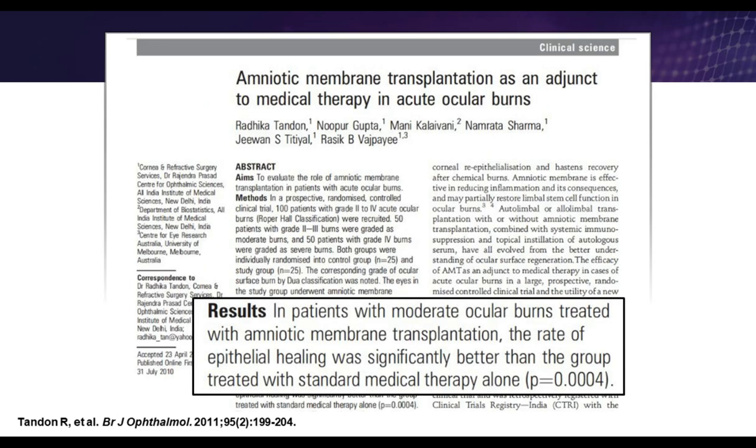And in fact, amniotic membrane transplantation now has become a very standard approach to the care of acute ocular burns, particularly from chemical burns.